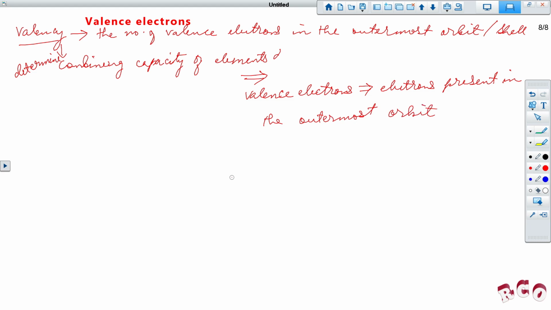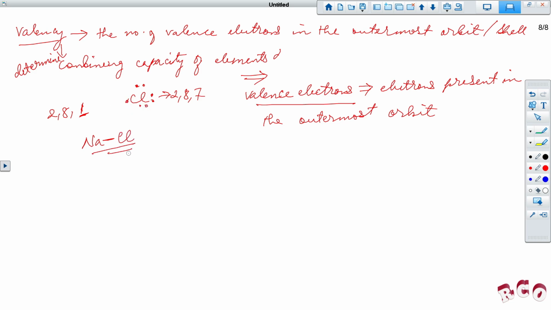These valence electrons will determine how many bonds will be formed. Suppose sodium is 2, 8, 1, so it has only one electron, so it will form only one bond. Chlorine is 2, 8, 7, so to become 8, it needs one more, so it can form only one bond.